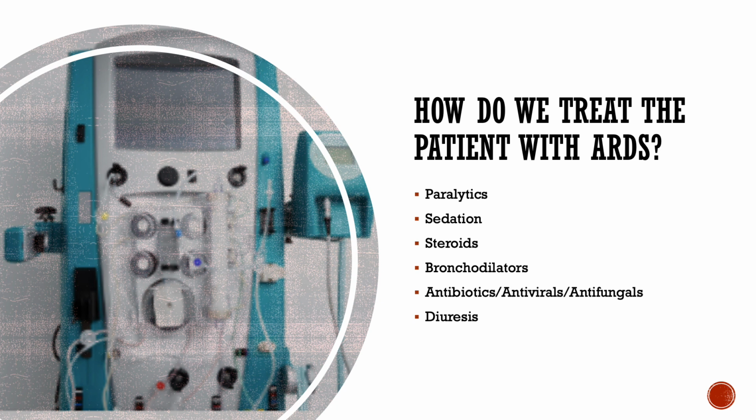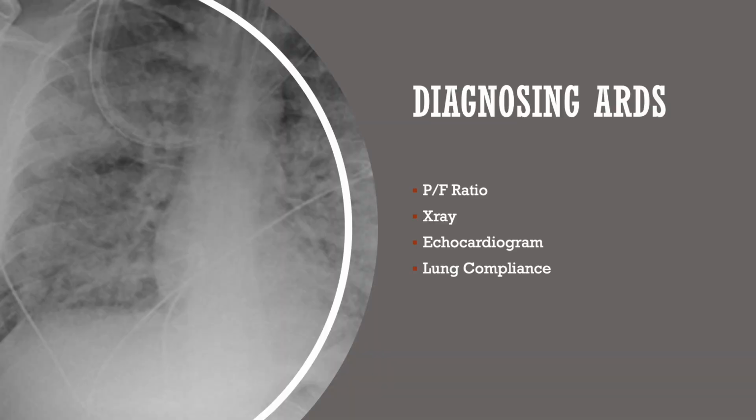Then we get a bronchoscopy, or we can do a mini BAL, and we can figure out what antibiotics we need. If we culture them and find viral or fungal causes, we can give antivirals or antifungals and treat that. And diuresing, you have a CRRT machine over here. People with ARDS typically have renal issues, and they need dialysis or continuous renal replacement therapy.